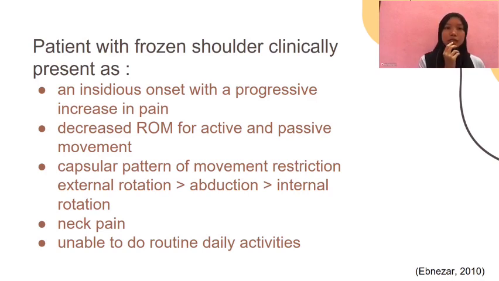Another common condition with frozen shoulder is neck pain, mostly derived from overuse of cervical muscles to compensate for the loss of shoulder motion. Patients also will be unable to do certain daily activities.